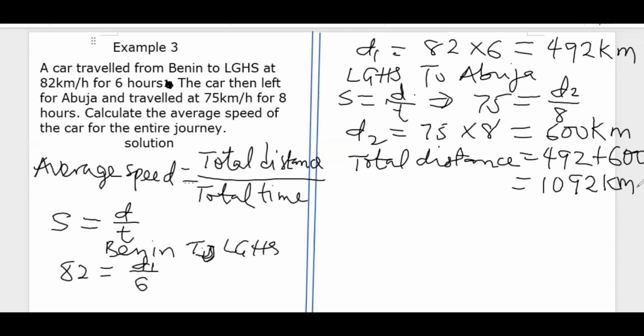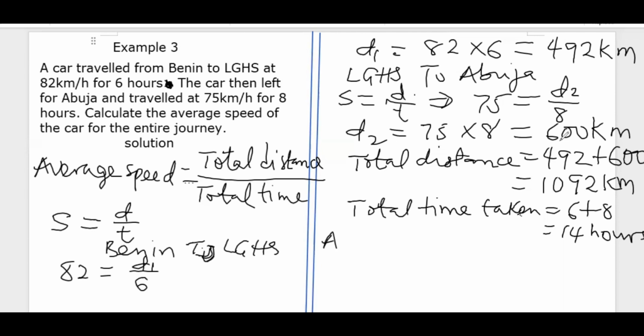That is the entire distance covered, Benin to LGHS, LGHS to Abuja. And what was the total time taken? The first segment of the journey takes 6 hours, while the second one takes 8 hours. Altogether, we have 14 hours.